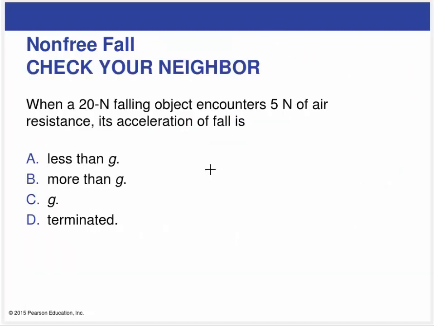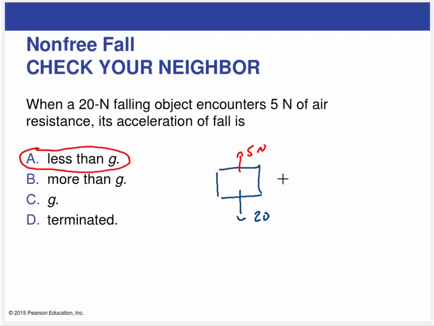So let's take a second and do a little bit of math right here. If we have a 20 Newton falling object and it's going to encounter 5 newtons of air resistance, we would expect that its acceleration should be less than g, simply because the net force on this guy is going to be 15 newtons down.